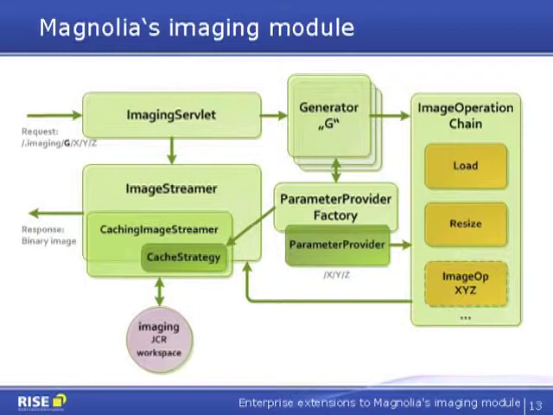And finally, there might be other operations which might render a copyright notice into the image pixels or do other things to the image. When the image operation chain completes, it returns that pixel buffer to the image streamer, which then makes it into a JPEG or PNG formatted image file and sends it out in the response to the client.